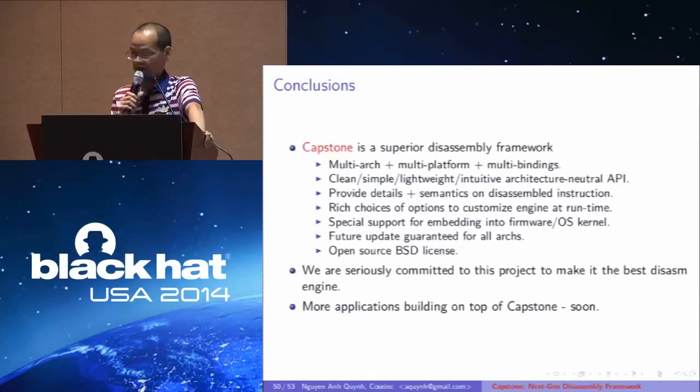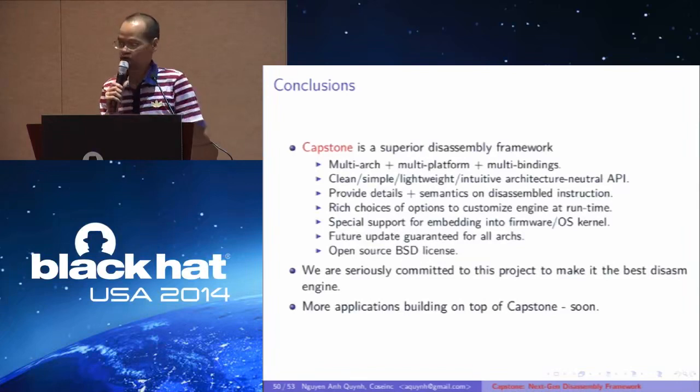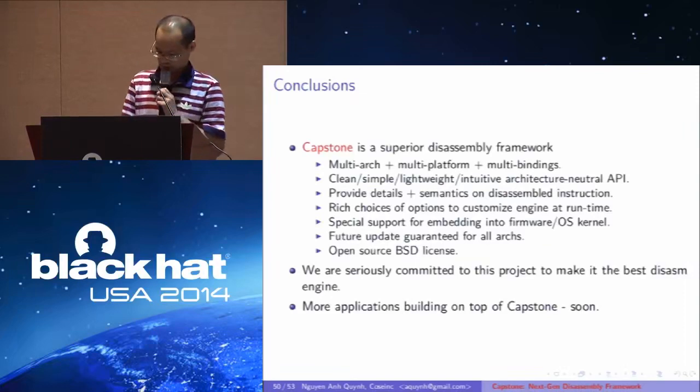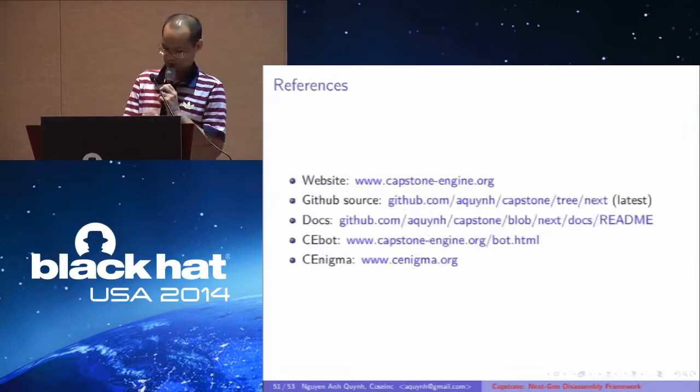Features granted, and the license is BSD, very free, very open. We want to say that we are seriously committed to this project to make it the best engine for the community. So you can be sure that Capstone will be around for a very long time. And in the future, we want to build a lot of applications on top of Capstone very soon. We might talk about that in the future.